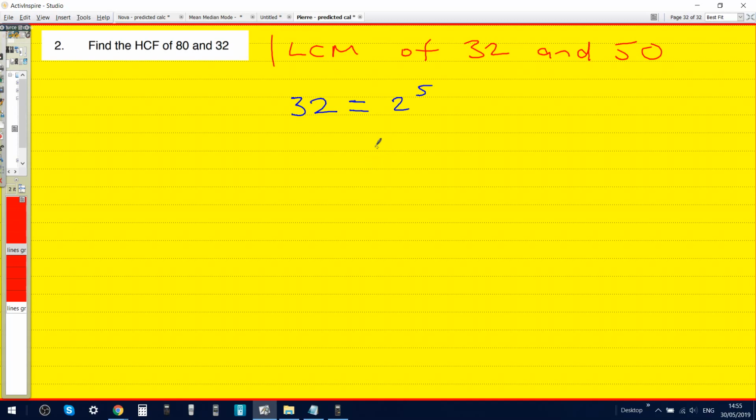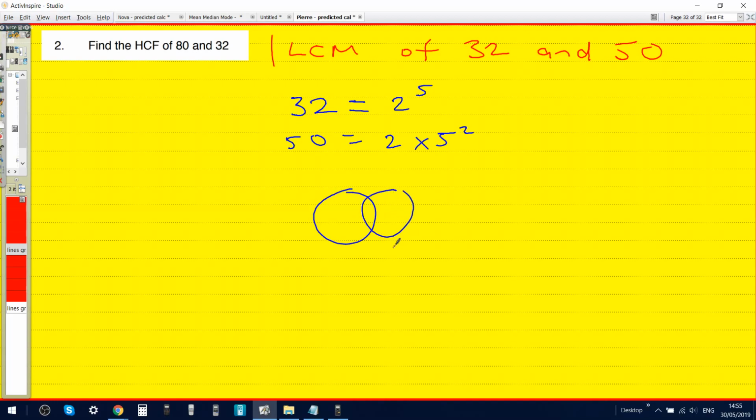And then for 50 equals shift fact, 2 times 5 squared. And then do you just times everything together? After you've put it in a Venn diagram, you times everything.